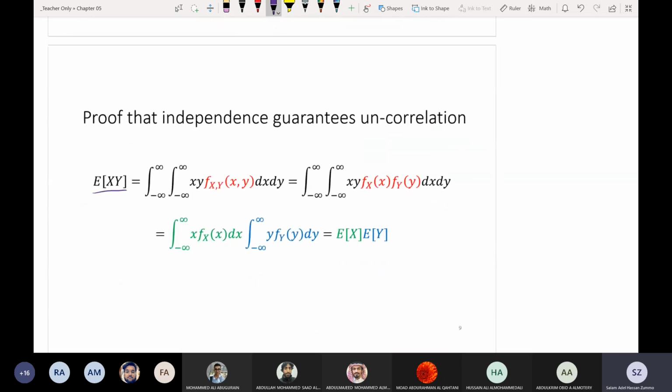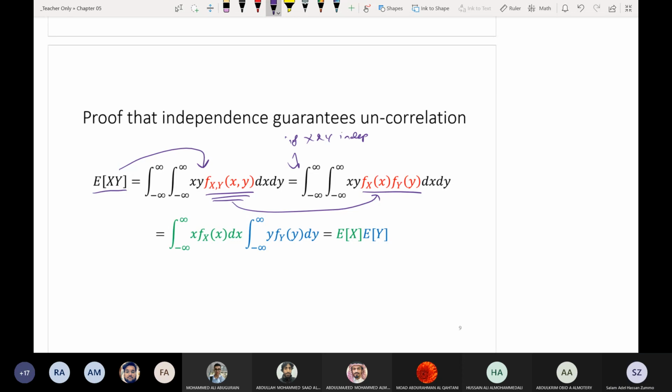Expected value of xy is whatever inside comes next to the joint PDF. Now, if x and y are independent, the joint PDF can be written as the product of the marginals.